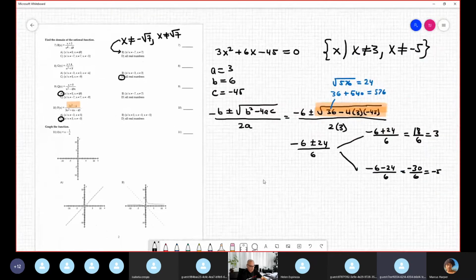Okay. The rest of the problems, 11, 12, and so on until 15. Problems 11 to 15 ask you to graph a rational function. And remember, it's the famous 7-step process.